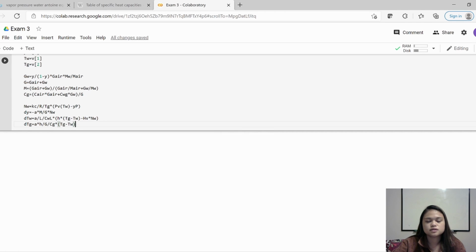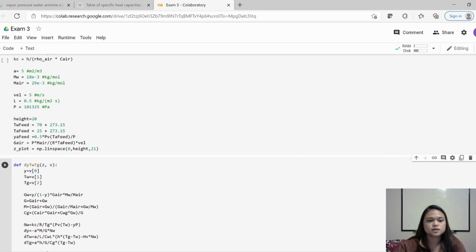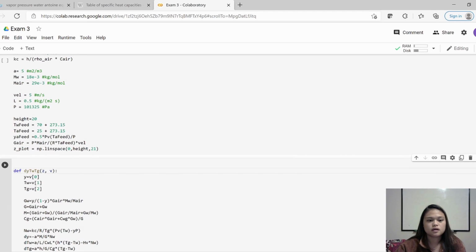And now what I want to do is solve the differential equations. Oh, and actually what's important is we need to have a global sol.